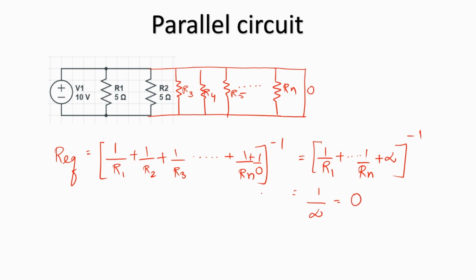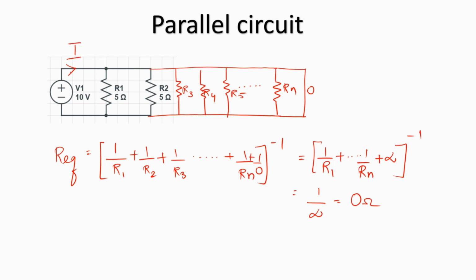So we see that if I connect a conductor across all of these resistors such that its resistance is 0, then the equivalent resistance of the entire circuit comes down to 0 ohms. So what would happen if there is a circuit like this?